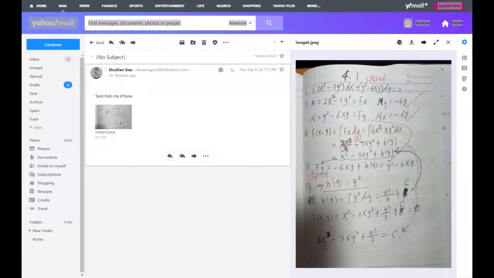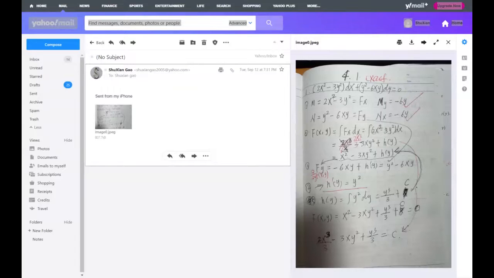Then I integrate both sides, and g(y) is y cubed over 3 plus a constant c.